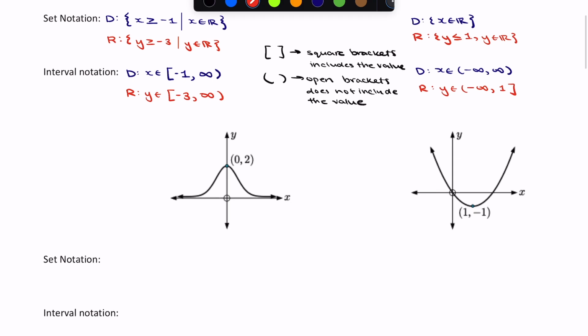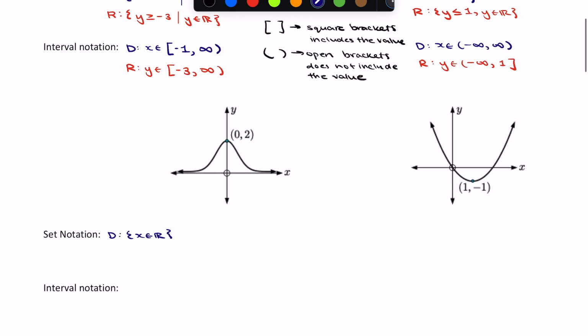Let's look at this next graph here. Again, in set notation, the domain is x is an element of real numbers. So there's no point where it stops. It goes from negative infinity to positive infinity. And our range is between 0 and 2.